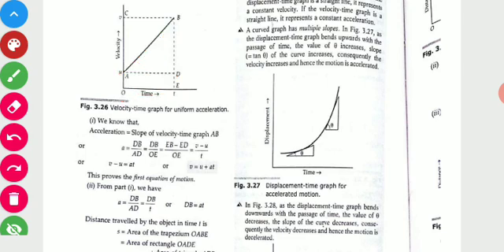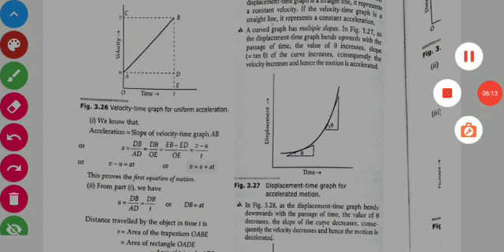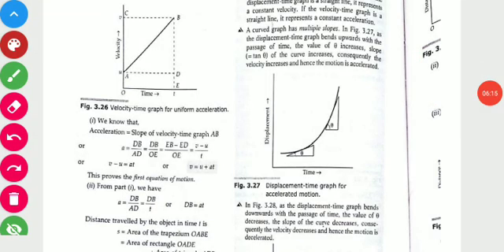The triangle is ABD and the rectangle is ADEO. The total area will be equal to the area of triangle ABD plus the area of the rectangle.